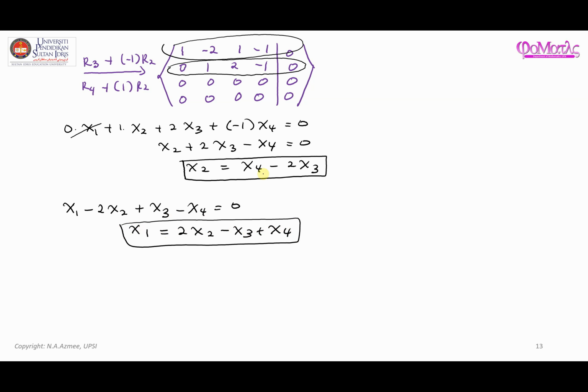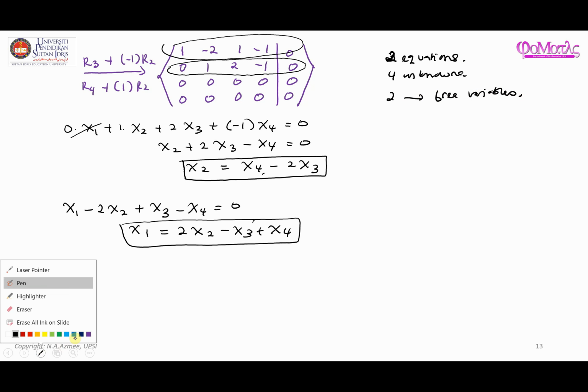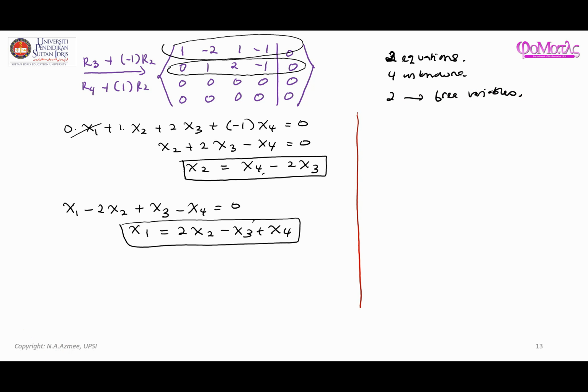So overall we have two equations, but you can see we have four unknowns. Two equations, four unknowns. Therefore, two must be free variables. And we are going to let the free variables be x3 and x4.